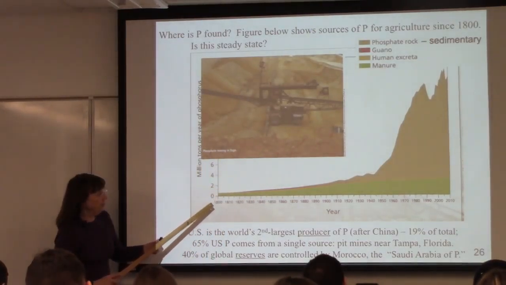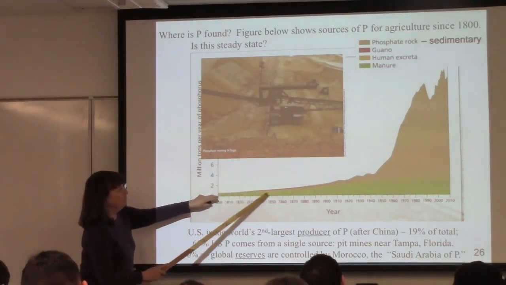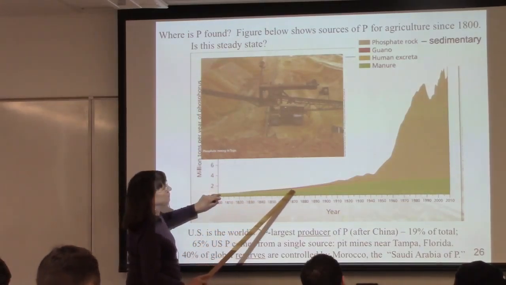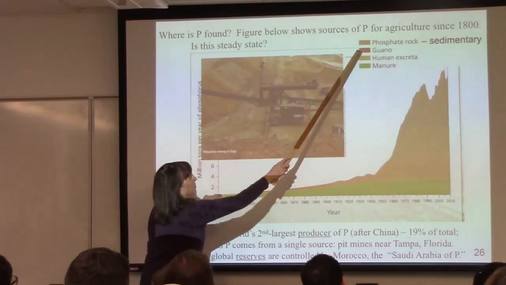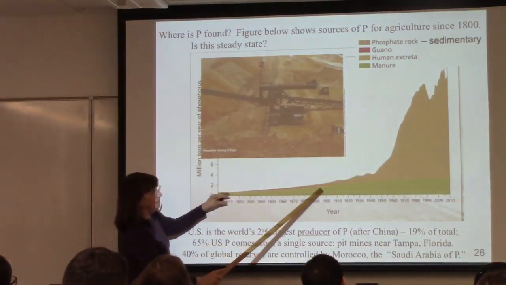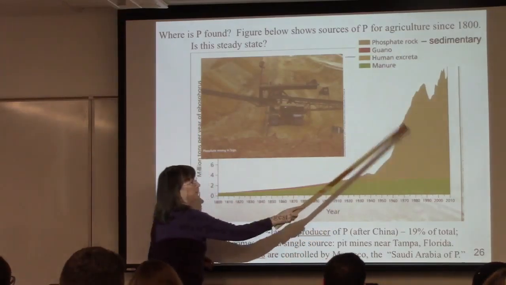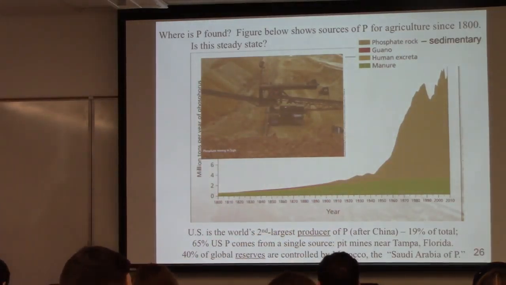And if you look at the different sources of phosphate, green is manure. You can barely see this little orange line of human excretion. The red line, which you can kind of see, is guano from birds. This is mined phosphate. And so people are talking about, you know, we dump things into the ocean rather than recycling it.